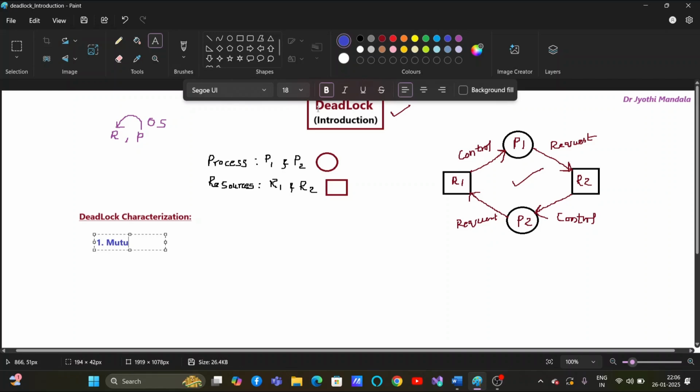You have already heard this word, mutual exclusion, at the time of learning the critical section problem, right? We will understand what actually this is. Next is hold and wait. The third condition which leads to deadlock is no preemption. And the last characteristic is circular wait.